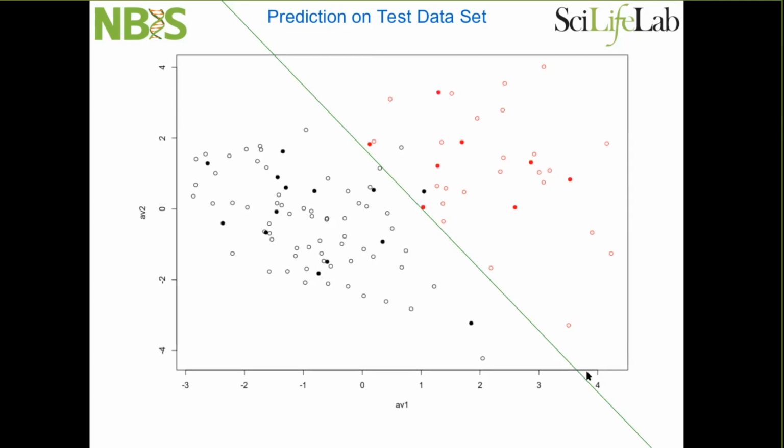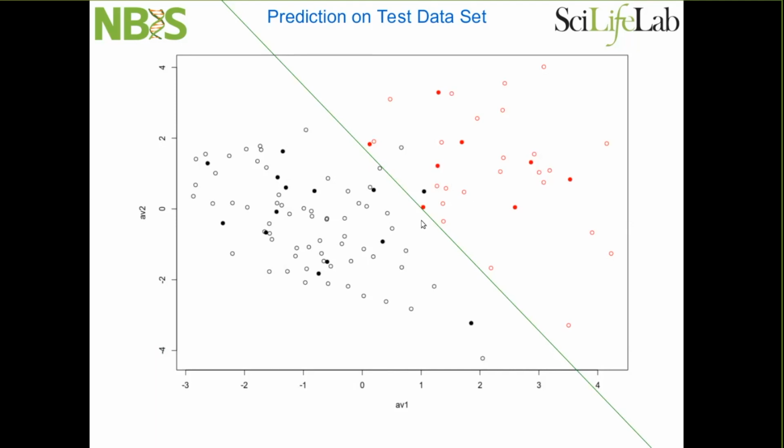And then the filled circles are actually the test samples. You validate your model by projecting test samples onto this trained model and checking whether my black filled circles end up on the right or left side of the boundary. So this one, for example, was misclassified because this part of the space corresponded to the red class and not the black class.